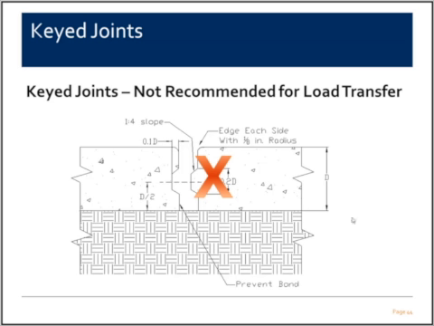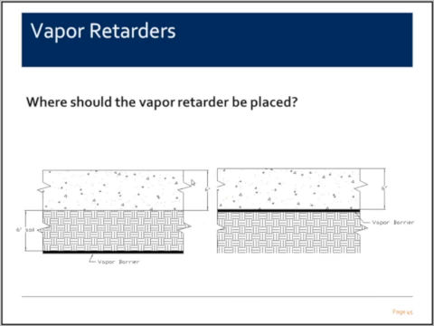The problem with these joints is once you have volumetric movement of the slab, specifically shrinkage movement, both these slabs want to move away from each other, and that opens up the gap in between the key. And when that occurs, you're essentially losing any ability for that joint to transfer load.